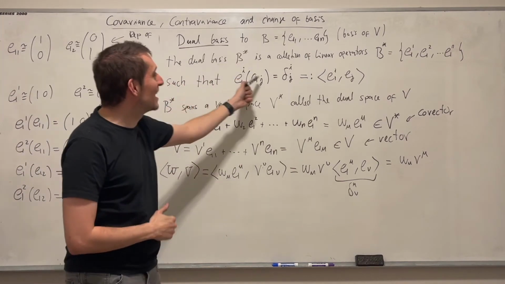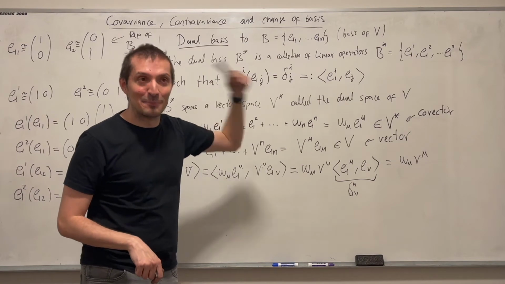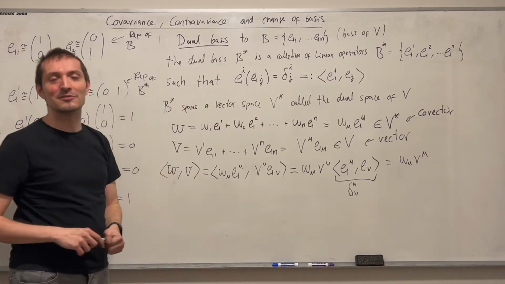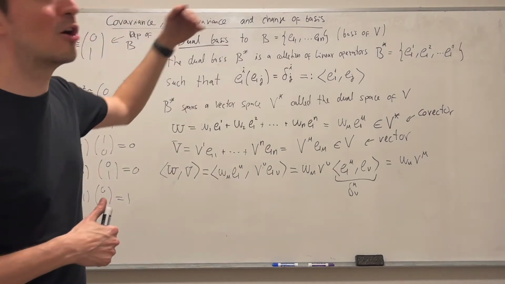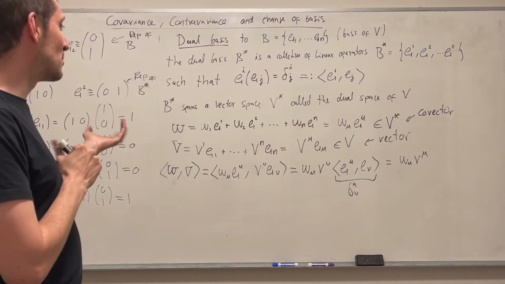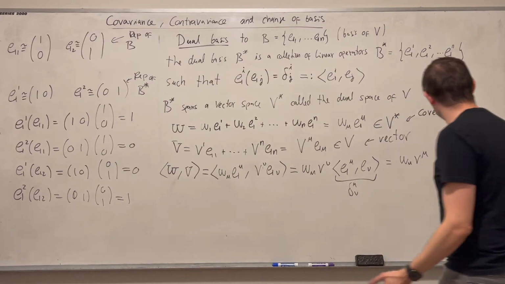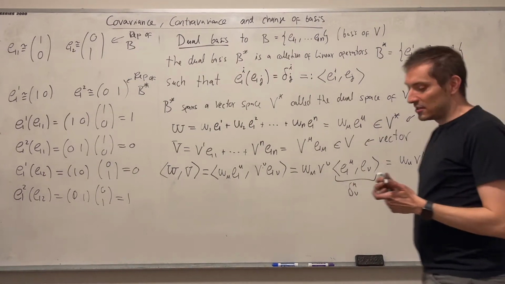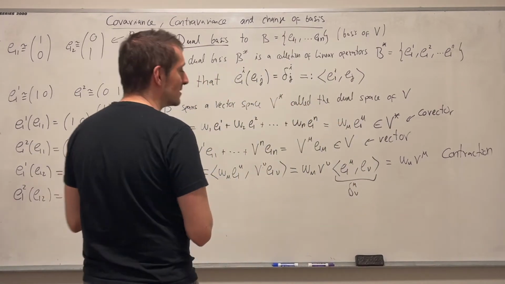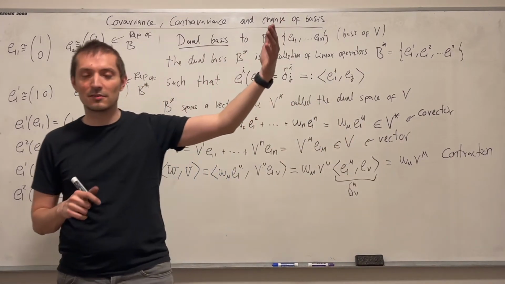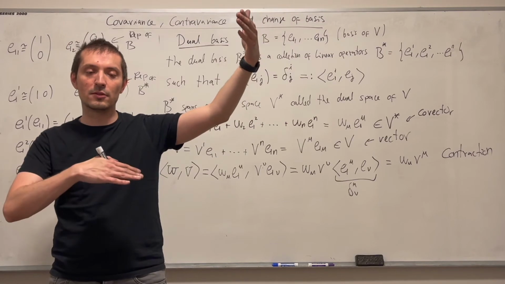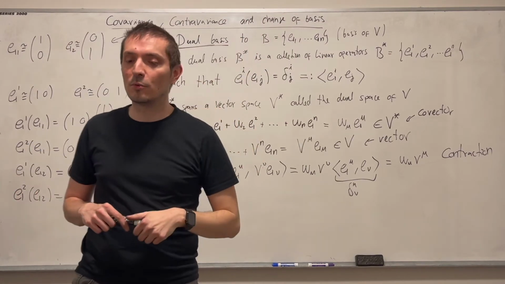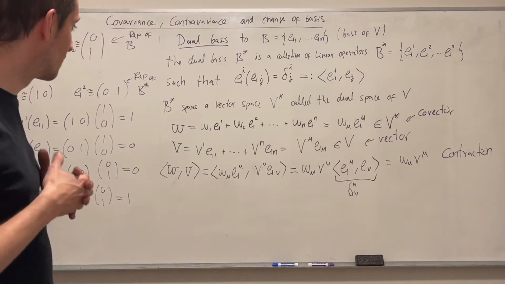Because I know the action of the dual basis on the basis of V, I can compute the action of any element of the dual space on any element of the vector space, the action of any covector on a vector. That's what we call a contraction, which basically reduces to taking the components in the basis for the vectors and the dual basis for the covectors, multiplying one to one and summing all the components.